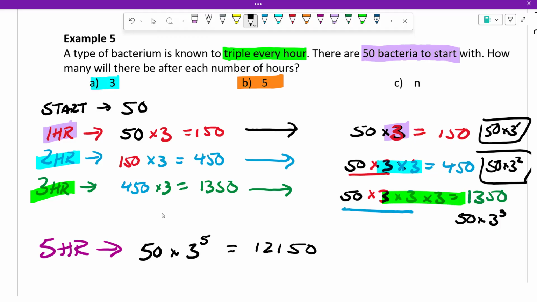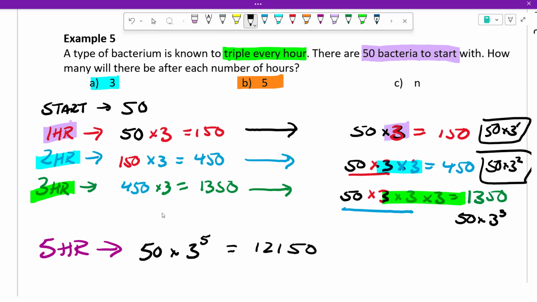Okay. So that's how you create the generic formula. This is how all population growths happen. So if you know this structure, you can skip finding the pattern. What you've got to know is what the numbers stand for.